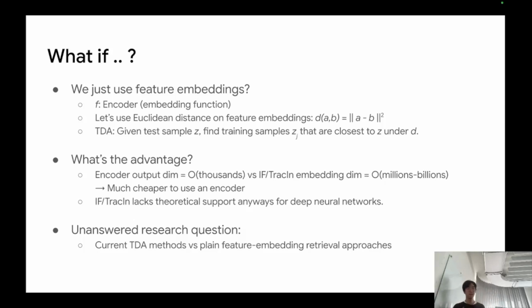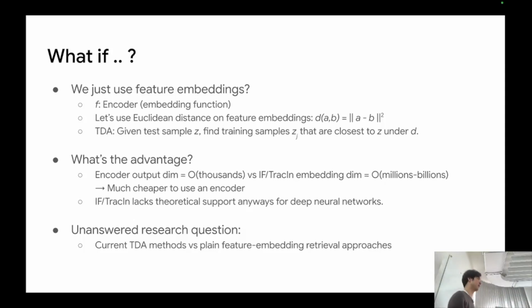So it's factors less computationally heavy compared to the original influence embedding. So there's a lot of computational advantage in doing the encoding and then doing retrieval there.